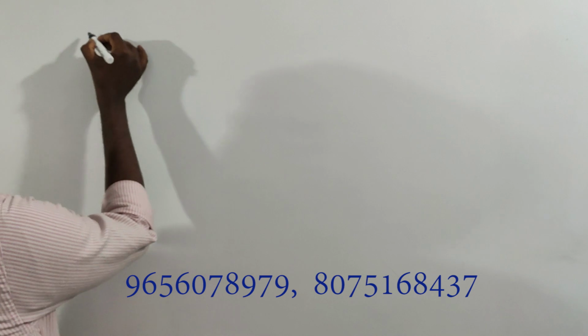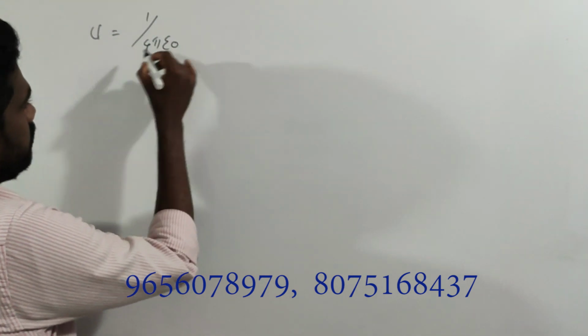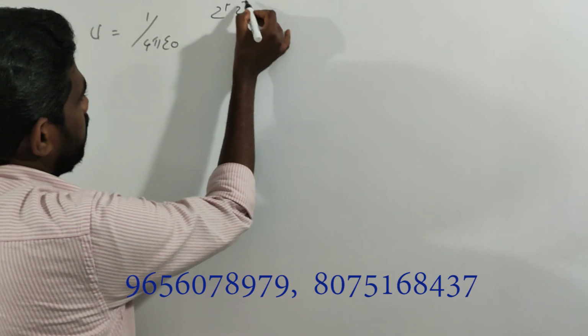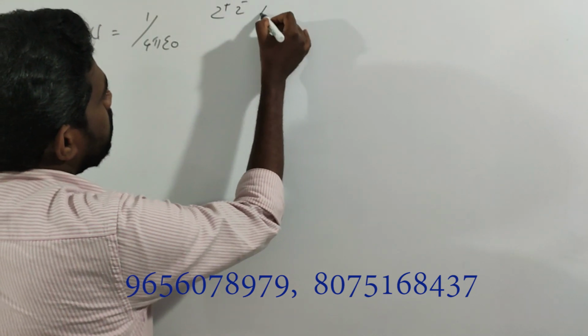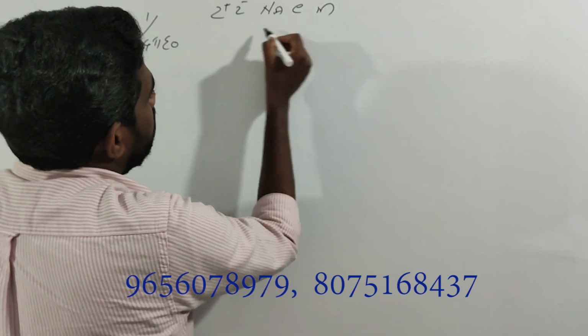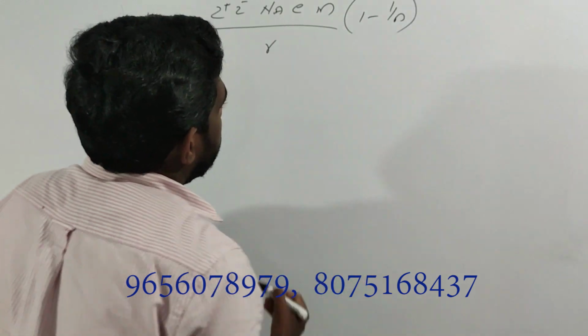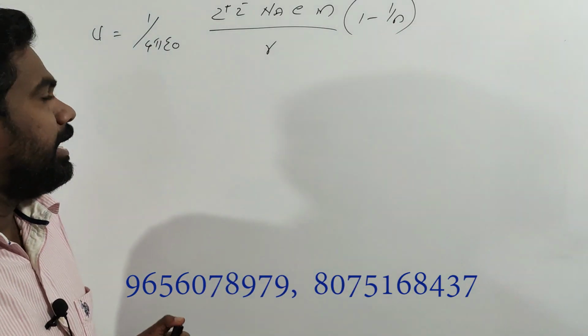We should find the lattice energy. Lattice energy U is equal to 1 by 4 pi epsilon 0, Z plus Z minus, Na e squared M divided by R, into 1 minus 1 by N. This is the equation to calculate the lattice energy.